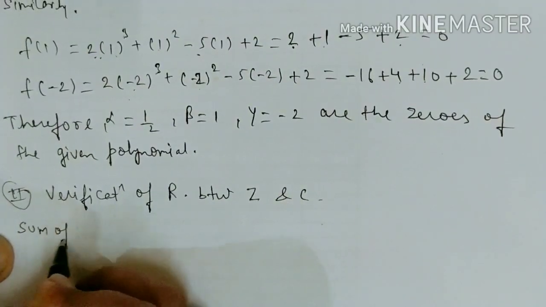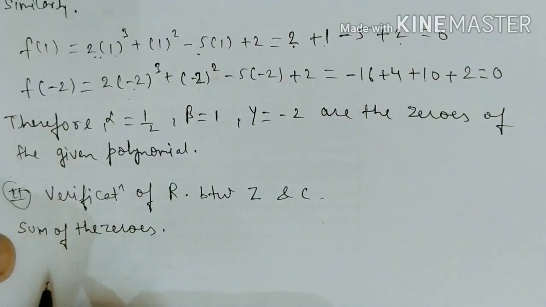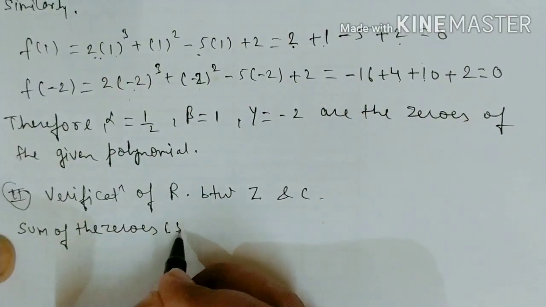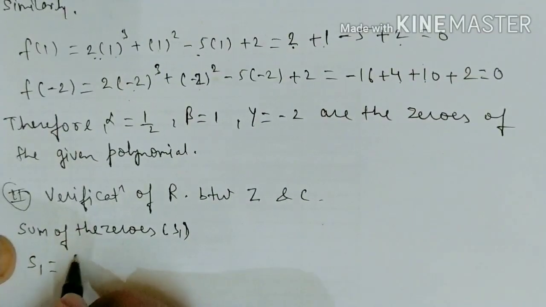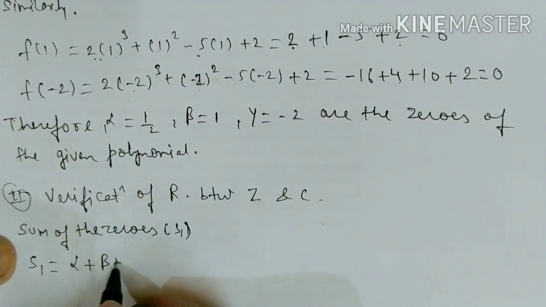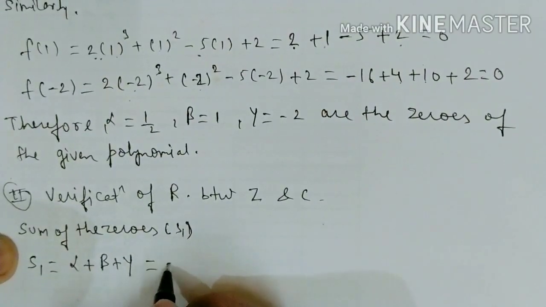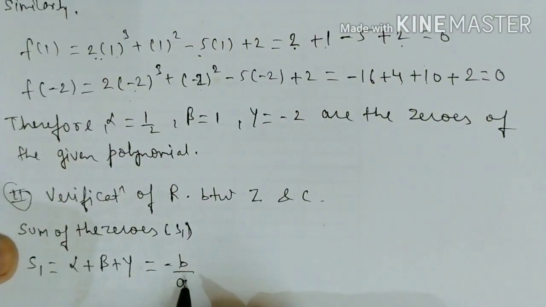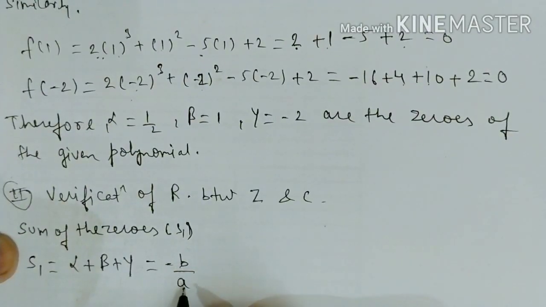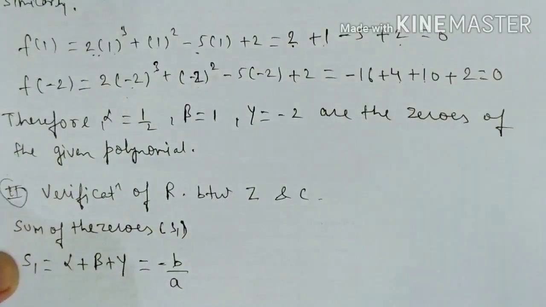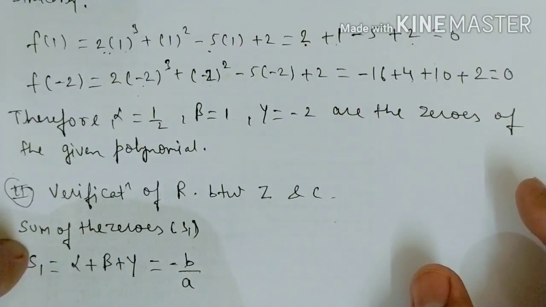So here I will be writing sum of the zeros. What is sum? Sum is always denoted by S1. So S1 will be equal to, we know that, alpha plus beta plus gamma, and which is equal to minus B by A. Yes? Minus B by A. Now here we have to write the value of A, B and C first.